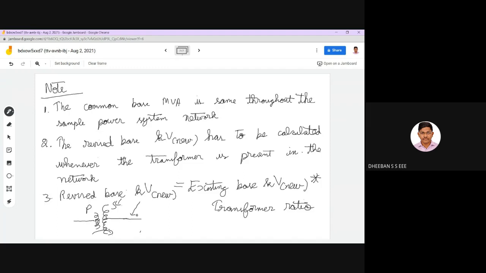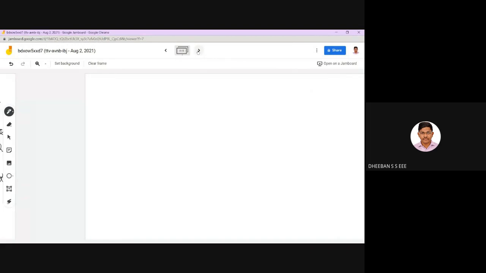I'll explain how to find that, but you have to keep this in mind. Whenever you're jumping from primary to secondary or from secondary to primary, you have to use this kind of formula. We'll move to the problem, so it will be very easy for you to understand.